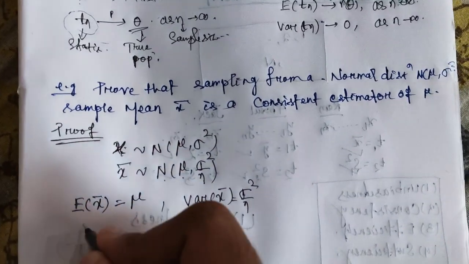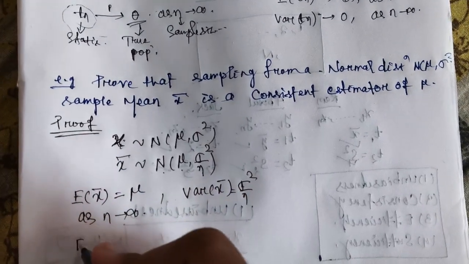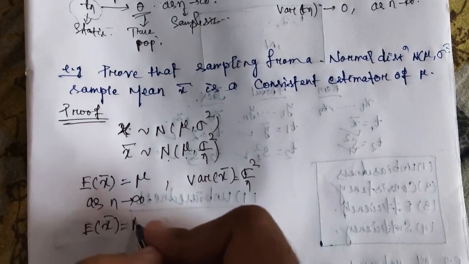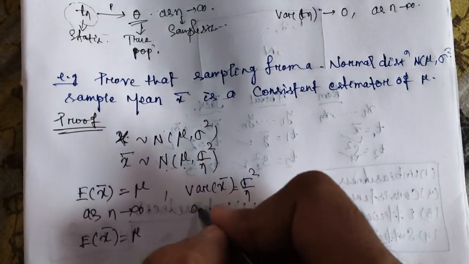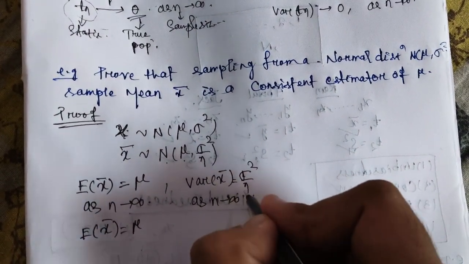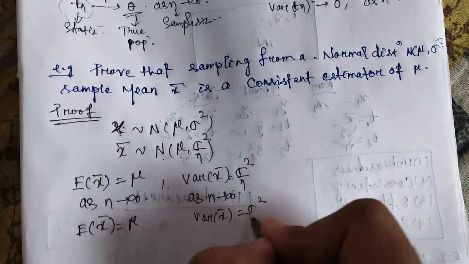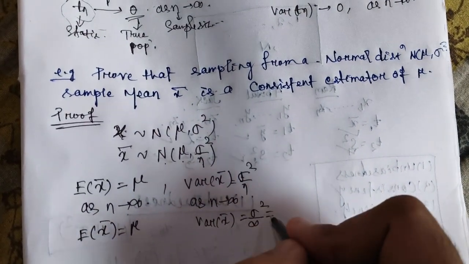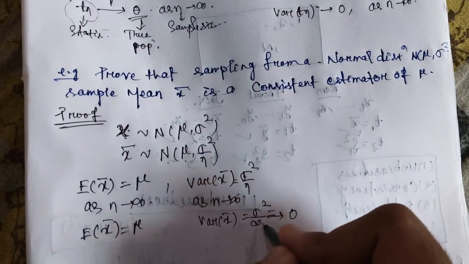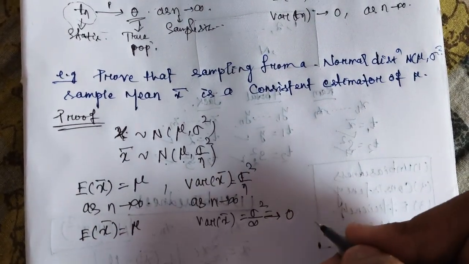If we take n tends to infinity, the expected value of X bar will be mu, and the variance of X bar equals sigma square divided by infinity, which tends to 0, because some number divided by infinity will always tend to 0.